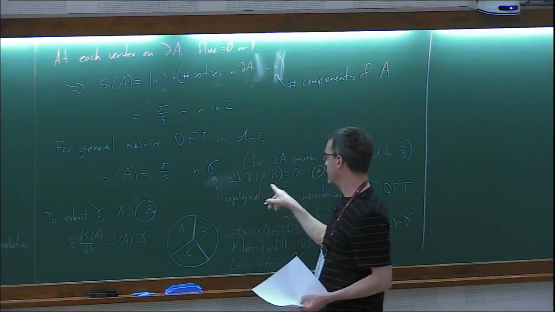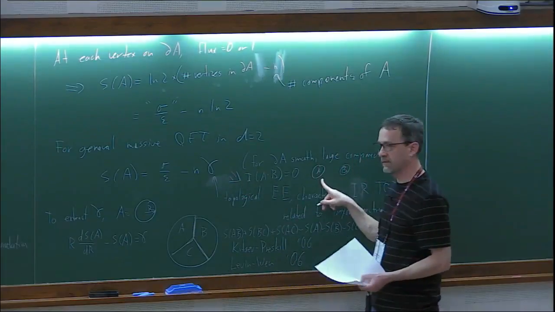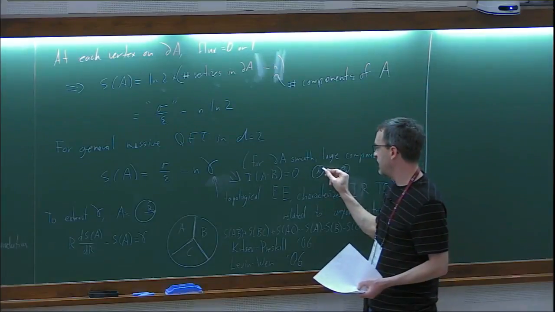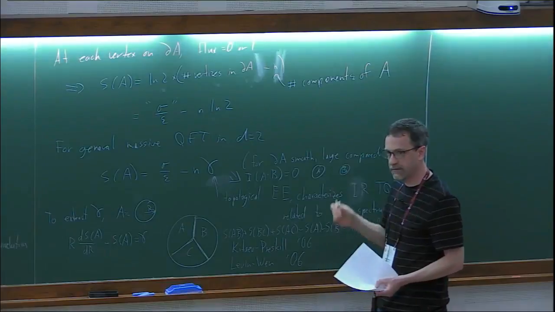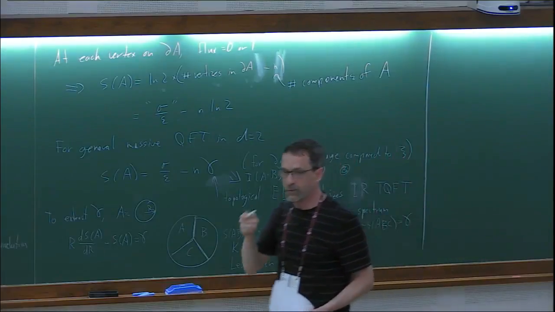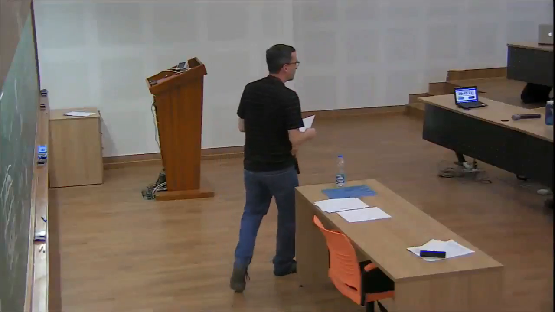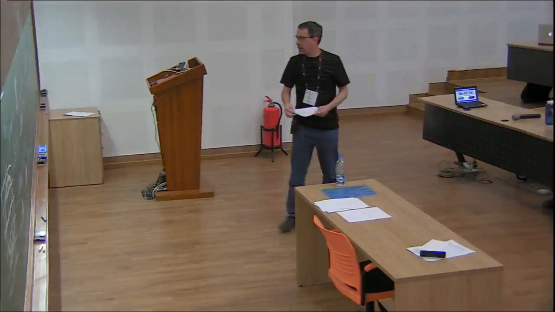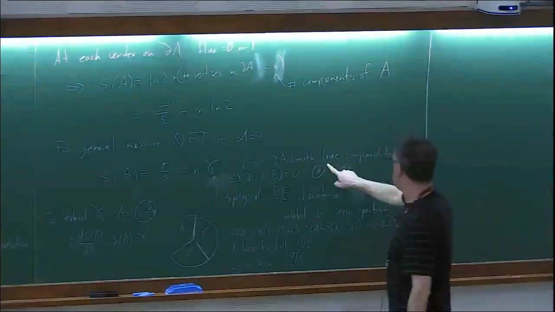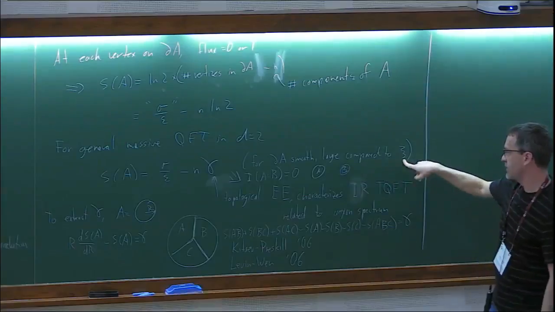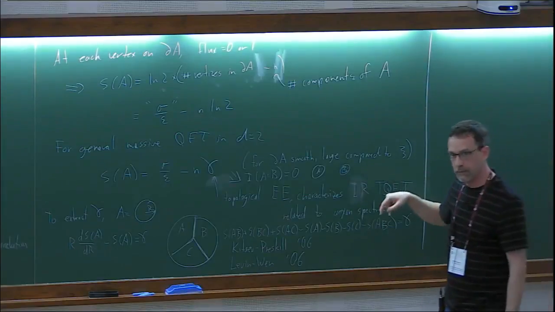If this is 0, then the reduced density matrix is a tensor product, and the correlation function between any operator in here and any operator in here has to be 0, which it is. Right, so this is where this comes in. I've assumed that everything is large compared to the correlation length.